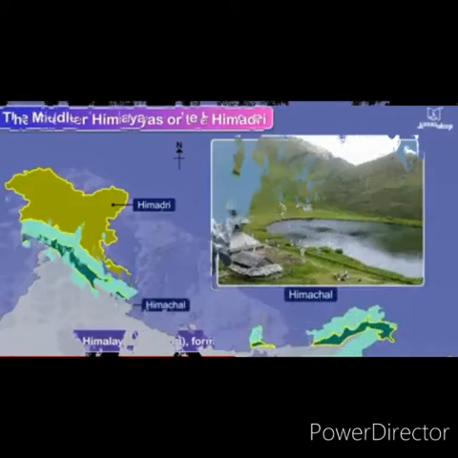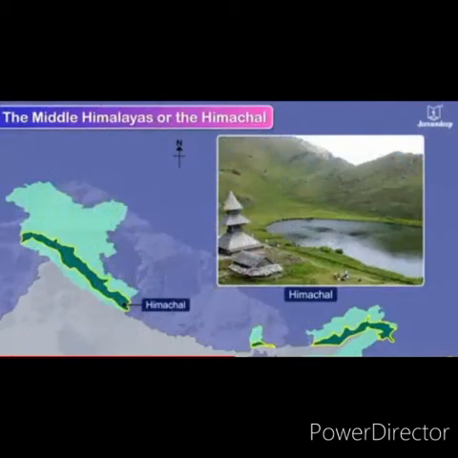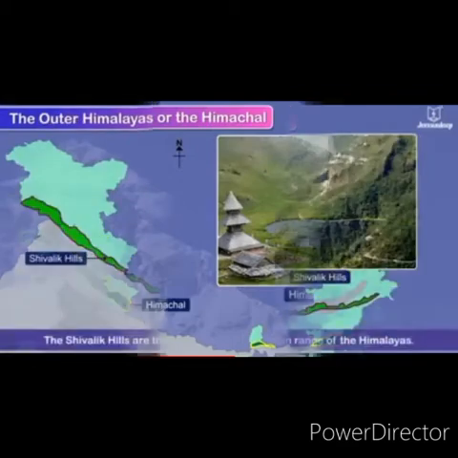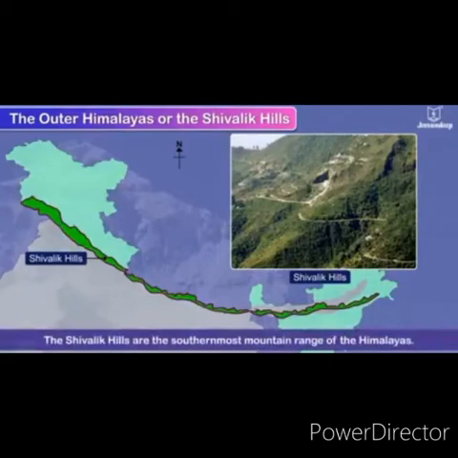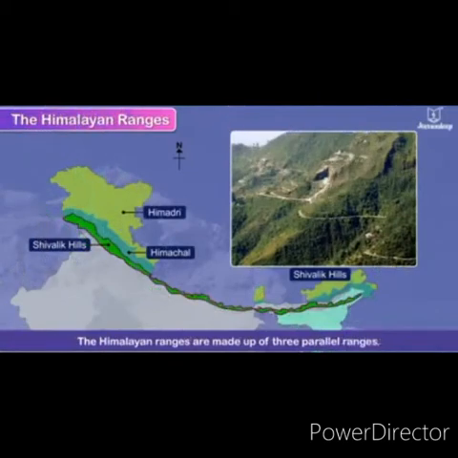The Himachal mountain ranges are towards the south of the Himadri and are separated by deep river valleys. And the Shivalik is the outermost range in the Himalayas. So these are the three main mountain ranges of the Himalayas, or we can say of northern mountains.